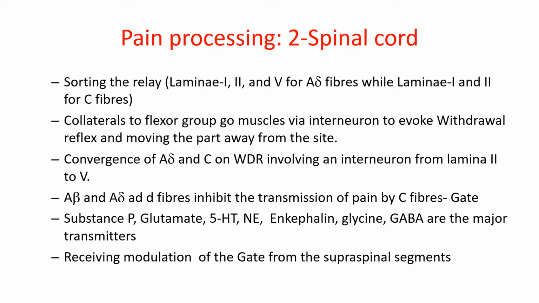Substance P is released from C fibers, glutamate from A delta fibers, serotonin and norepinephrine from the descending path, enkephalin from the substantia gelatinosa cell to the WDR, that is, the wide dynamic range neuron which is projecting to the thalamus. Glycine and GABA are inhibitory interneurons. These are the major transmitters. Here they will try to inhibit or excite.